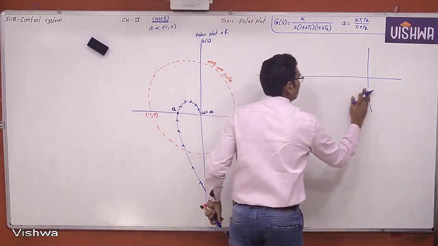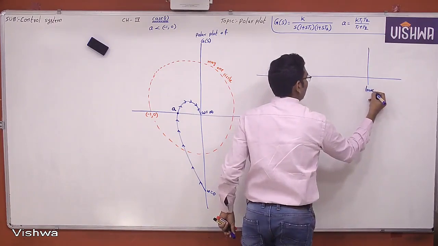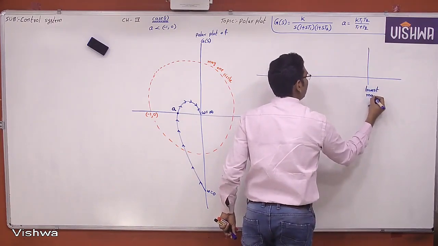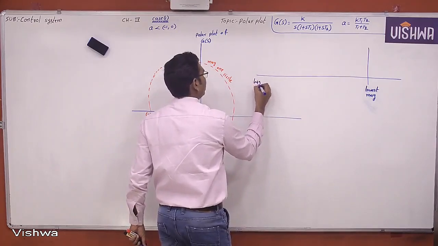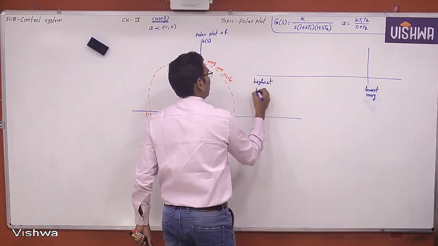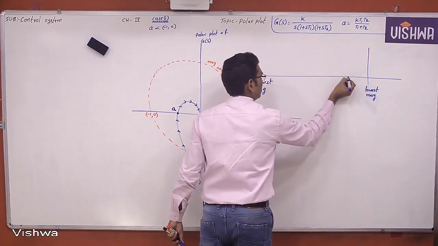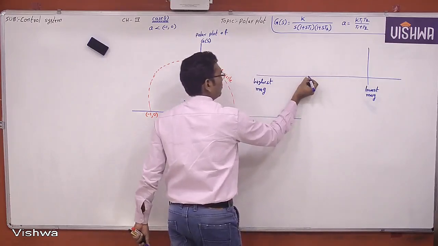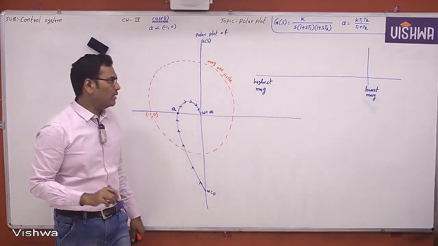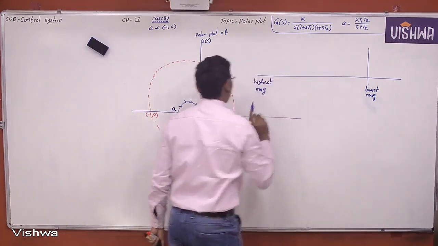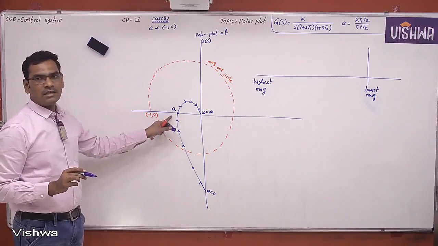So on the negative real axis, this is the lowest magnitude and this is the highest magnitude. Don't look at minus and plus. This is low, this is high, this is more high. This is the lowest value to the highest value. In that way this is also magnitude.